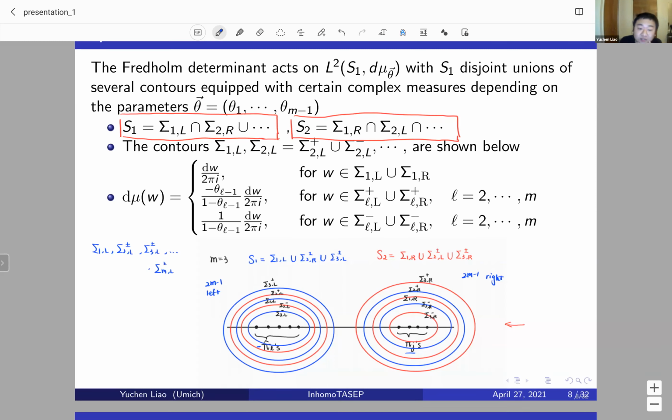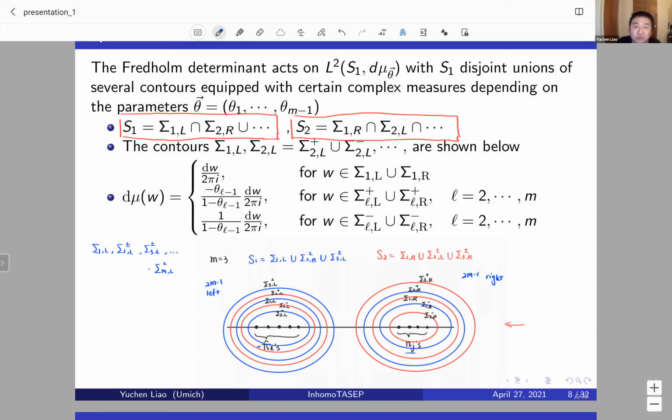If you count, there are 2m minus 1 of them. Of course, one can introduce a sigma 1 plus or minus, but because one can deform them together, there's no need to introduce two contours for sigma 1. And the same is true for the right contours as well.